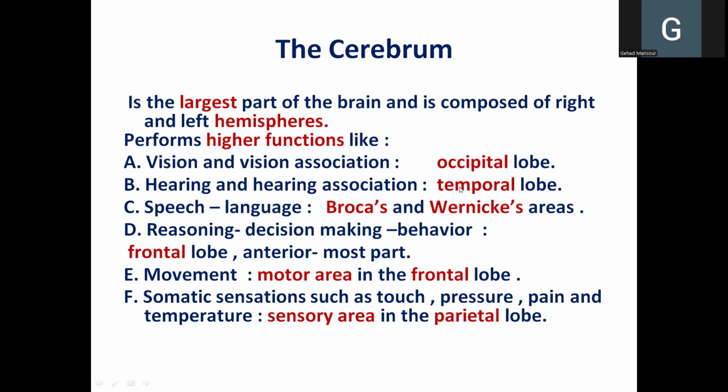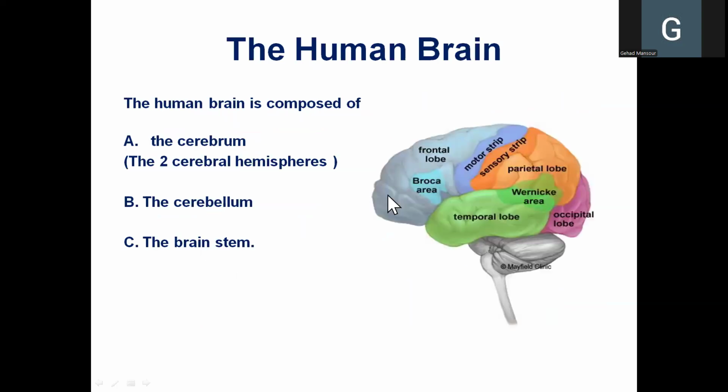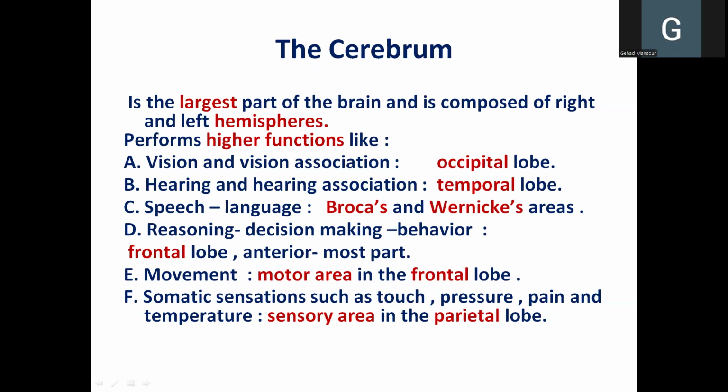Of course, when you know the function of an area, you will be capable of knowing what results from damage of that area. In the very anterior part of the frontal lobe, you have centers that are responsible for decision-making, for logical skills, and for behavior.